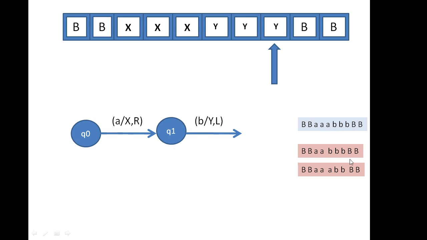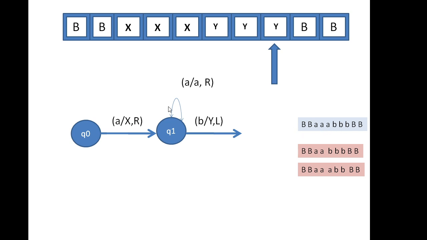But remember, while I'm moving from A to B, I found A's in between. So I have to make a self loop for A. After the first A which has been converted into X, if any number of A's come, you let those A's be as they are and keep moving right till you encounter a B. So that I have kept over here.